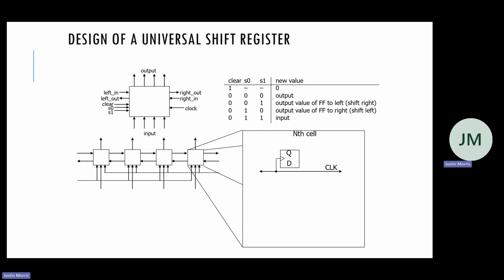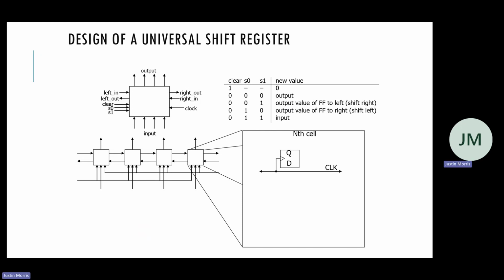And if clear is 0 and my S0, S1 is 0, 1, then I'm going to shift all of my data to the left, which is a shift to the right. And if it's a 1, 0, I'll shift all of the flip-flops to the right to implement shift left.